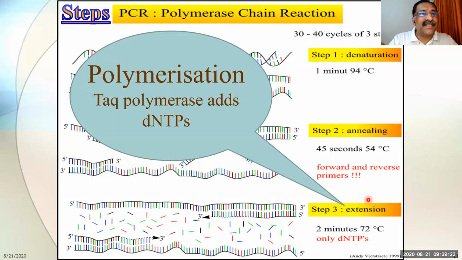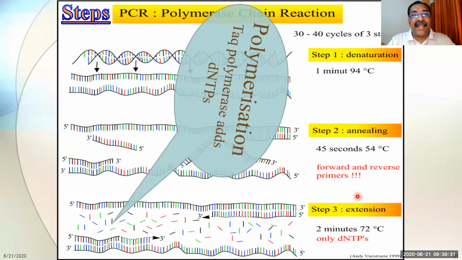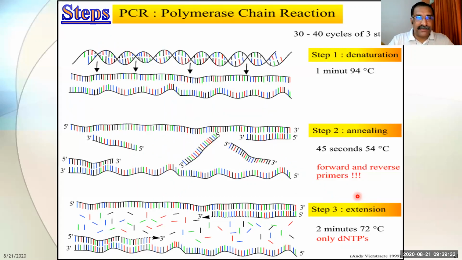So in 4 minutes, one cycle will be completed. Are you getting that point? In 4 minutes, one cycle will be completed, meaning one DNA will become two DNAs.